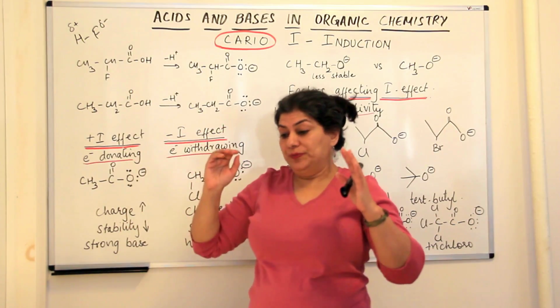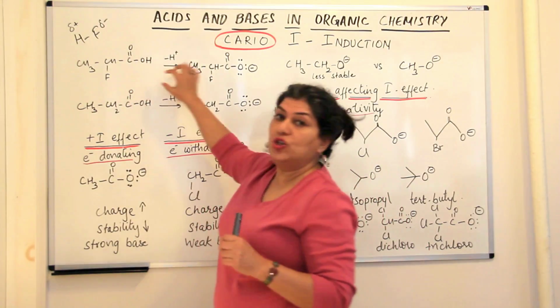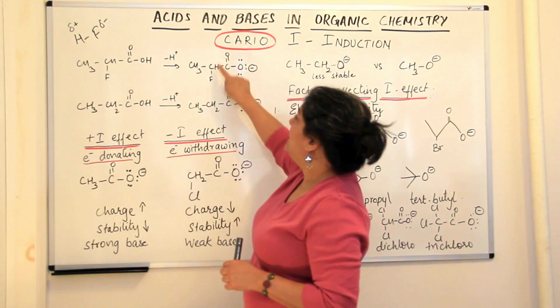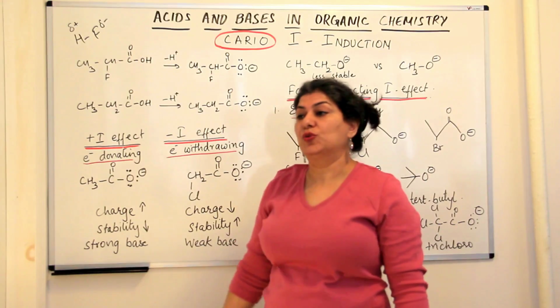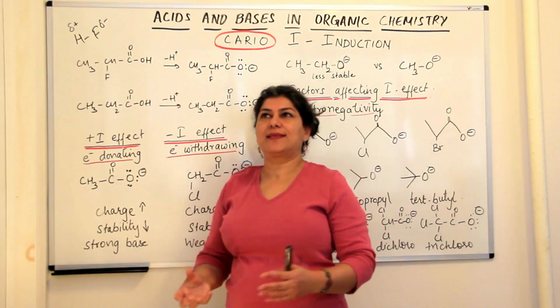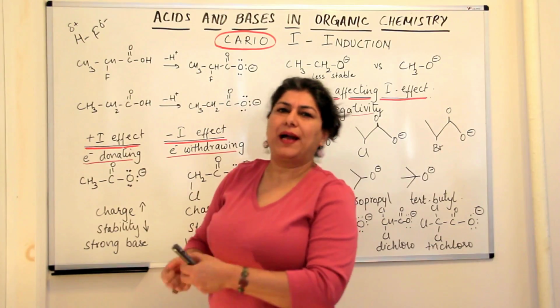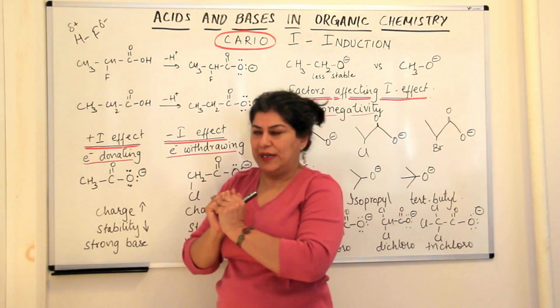Now, as I told you, when a conjugate base is formed, a proton is lost and the base has a negative charge. I would like you to assume that electrons are some kind of heavy sacks that you have to lift. It's a weight that you have to lift.